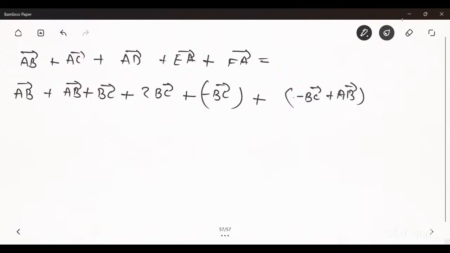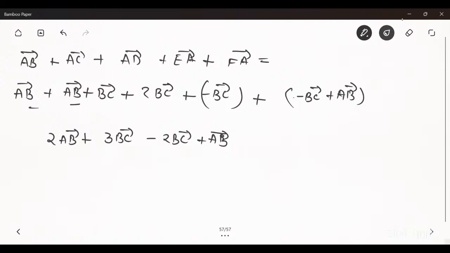Now, if you open, you will get AB plus AB, which is equal to two times of AB vector, plus BC vector plus two times of BC vector, that means 3 BC vector, minus BC, which became minus 2 BC vector, plus AB vector. Maybe this will be CD vector.